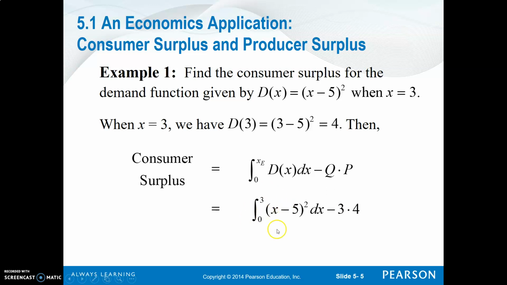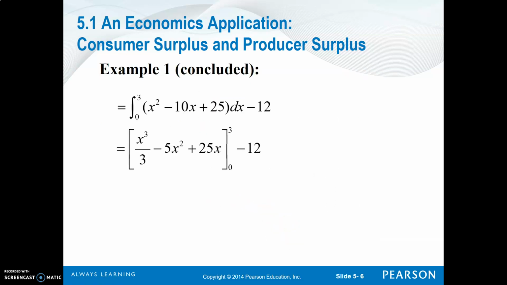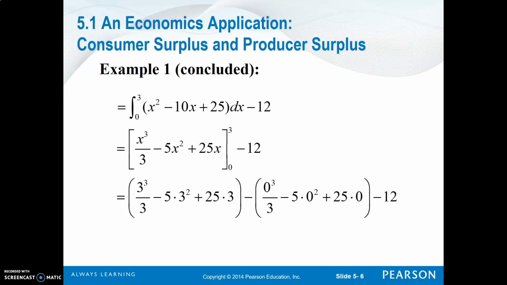This integral is going to be something that we've seen before. It's going to be a type of function that we can integrate. All right, so this one, I would certainly want to expand it. It's only a quadratic, so it's quickly done, and we integrate. So everything is a power term, so we can increase and divide by the new powers. Plug in the 3, plug in the 0. Again, notice those two quantities are my upper and lower limits of integration.